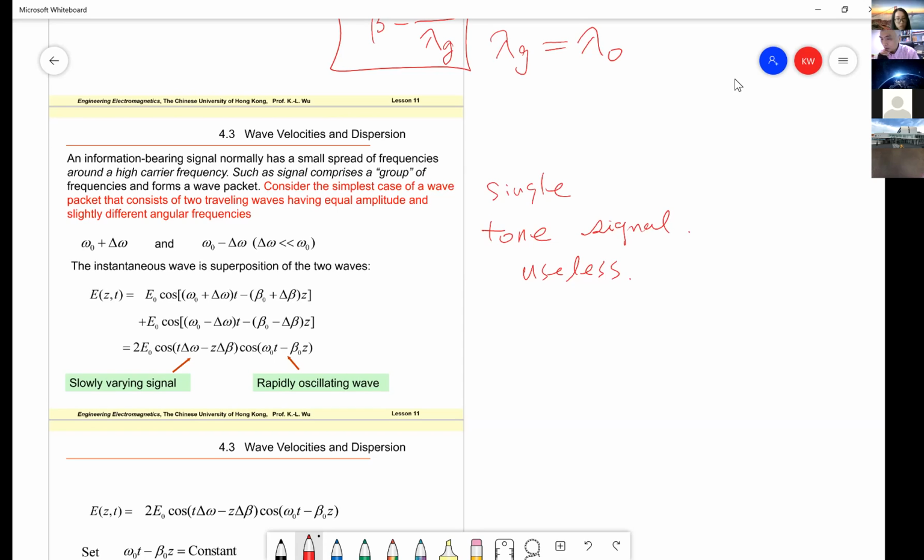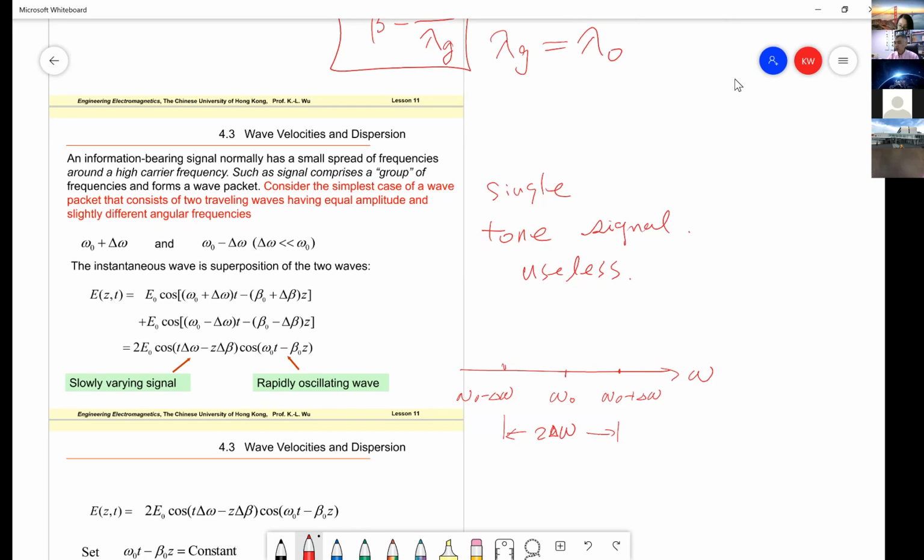So let's talk about what will happen if we have a two-tone signal transmitted by a plane wave. Let's assume this is our frequency axis, we have omega 0, and we have a very narrow band signal with a bandwidth of 2 times delta omega.